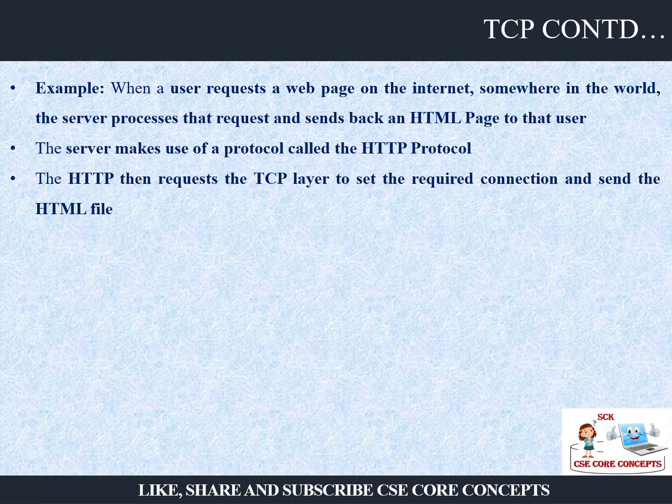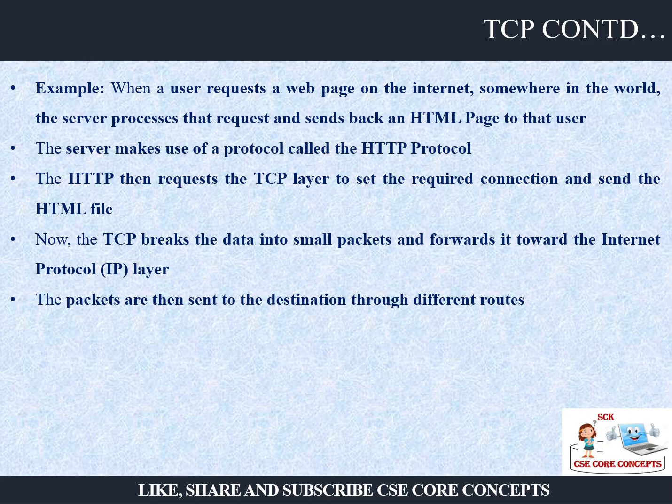So the server makes use of which protocol? HTTP. It is the application layer protocol. So this HTTP request is forwarded to the TCP layer, and it understands that I have to set up the connection and send the HTML file to the web browser.